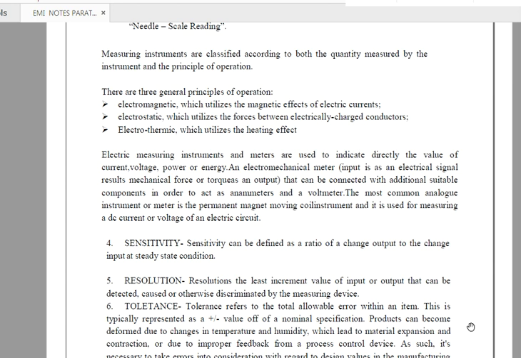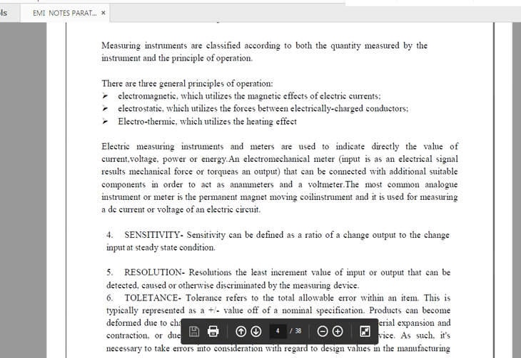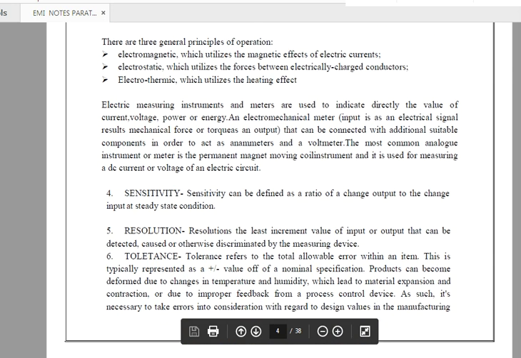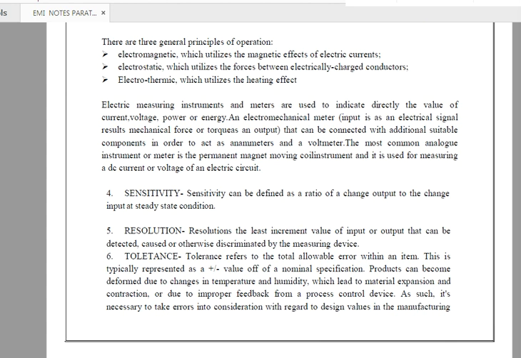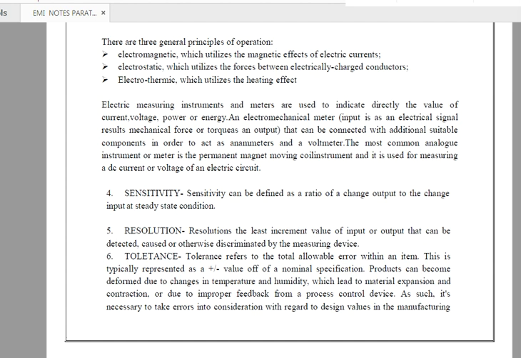Then resolution. Resolution is the least incremental value of input or output that can be detected, caused, or otherwise discriminated by the measuring device.